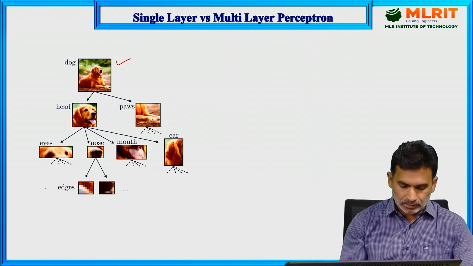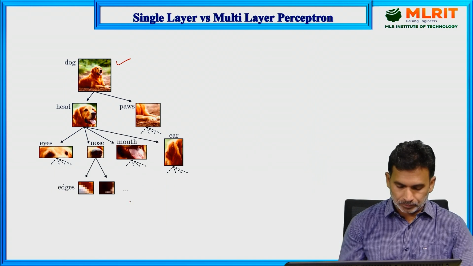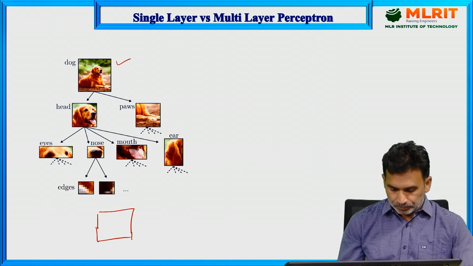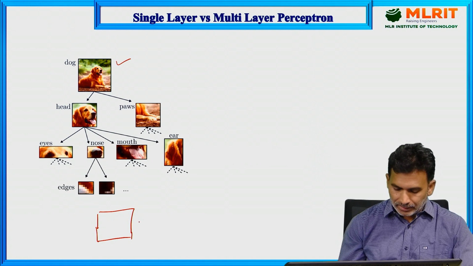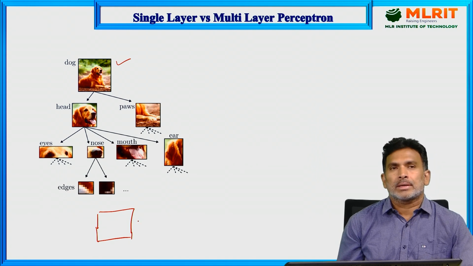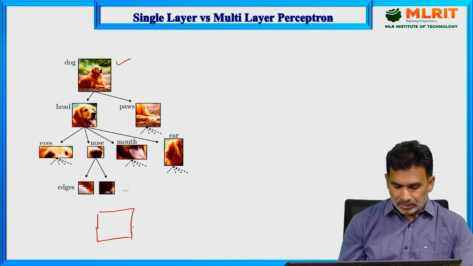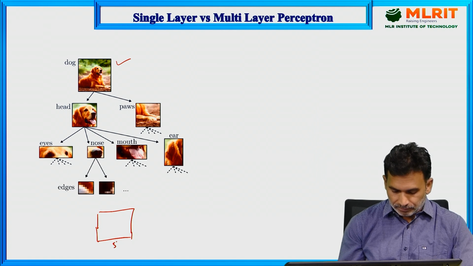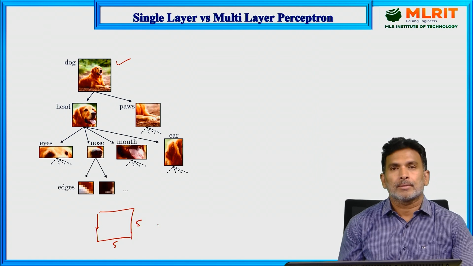So here you can see, at a very basic level, suppose we have to supply an input, and our model takes a grayscale image of size, let us say, 5 by 5 pixels.